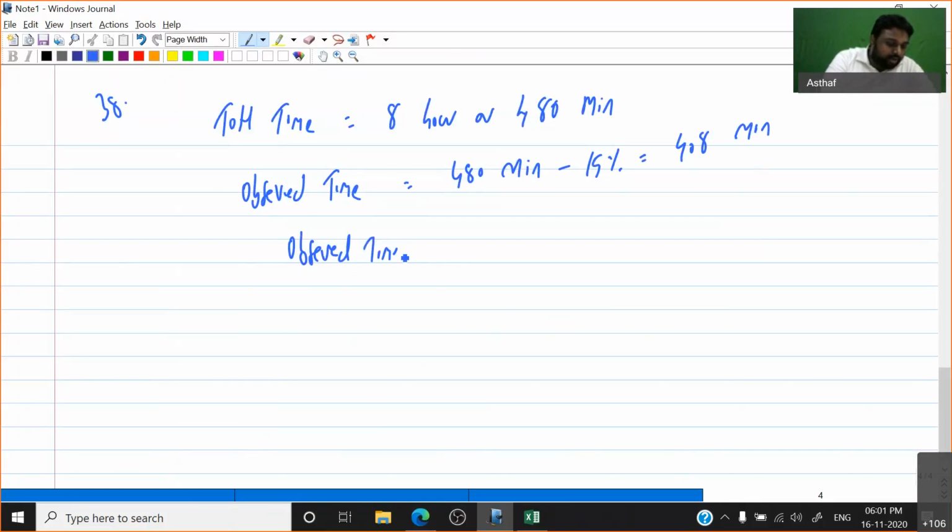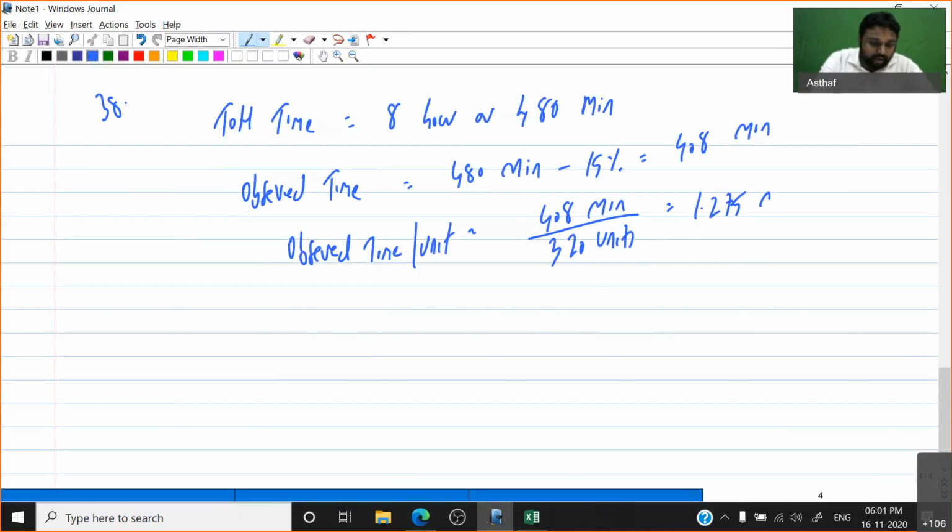What is the observed time per unit? 408 minutes is for how many units? You have done an actual production of 320 units. So what will be the per unit? 1.275 minutes.